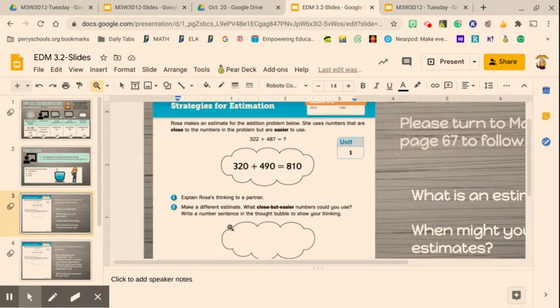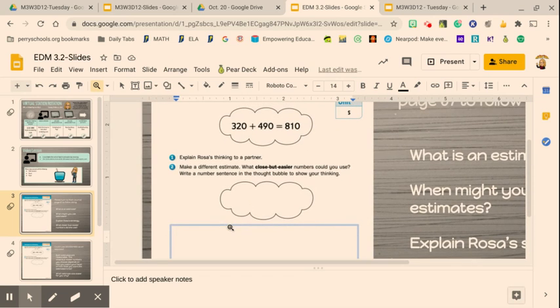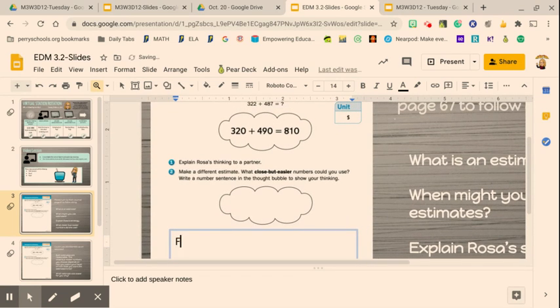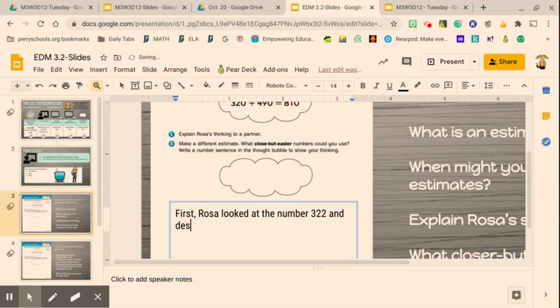And I want to be able to see those numbers up there. So I'm going to say first, Rosa looked at the number 322 and decided that it was close to 320.